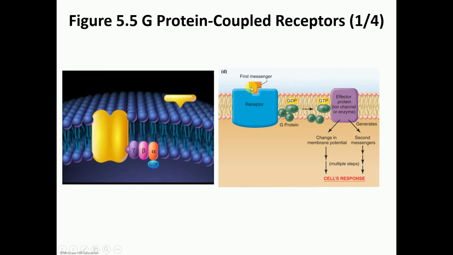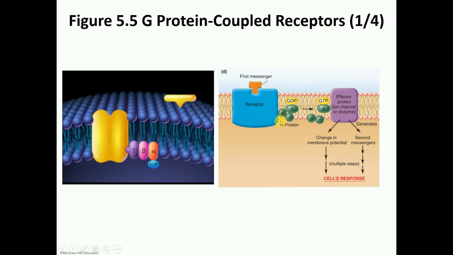First, your first messenger attaches to the receptor, as usual, leading to conformational changes of the structure, leading to its activation. Now, when this receptor is activated, it will phosphorylate GDP. So GDP becomes GTP, and that gives a little bit of energy to this G protein.